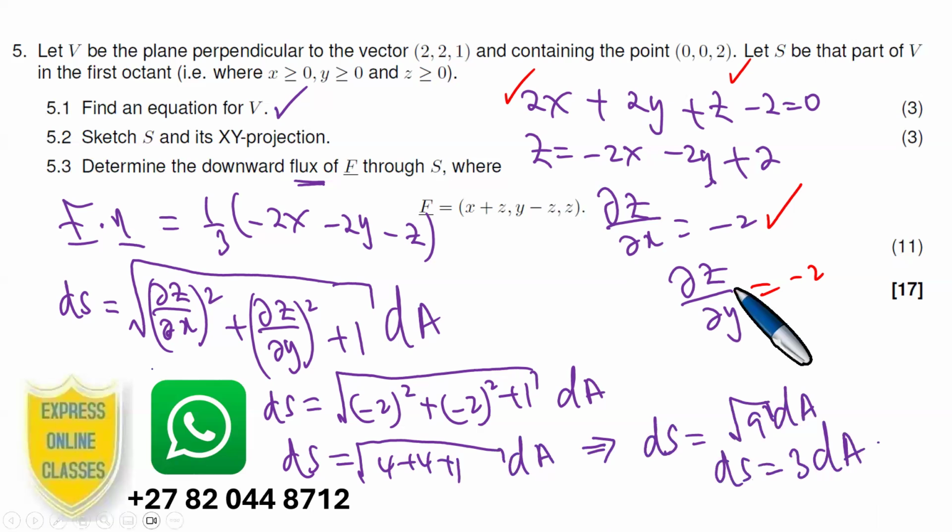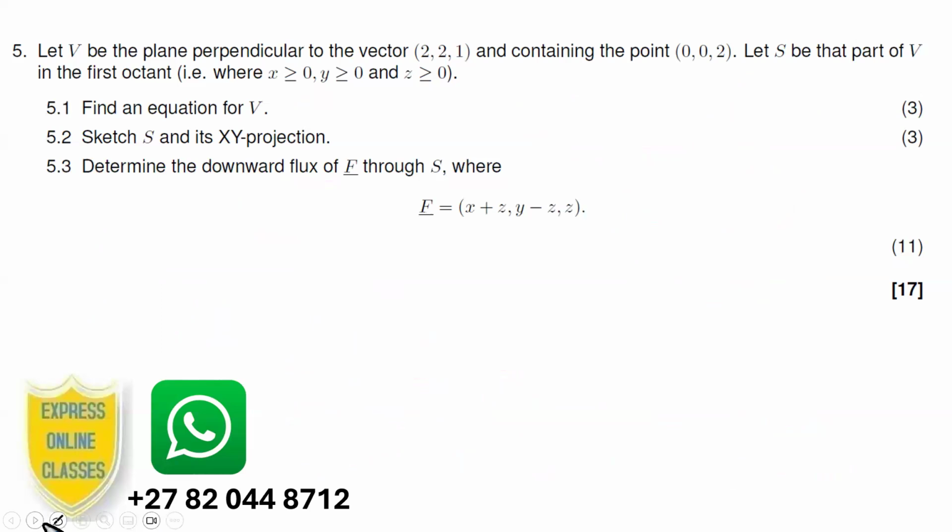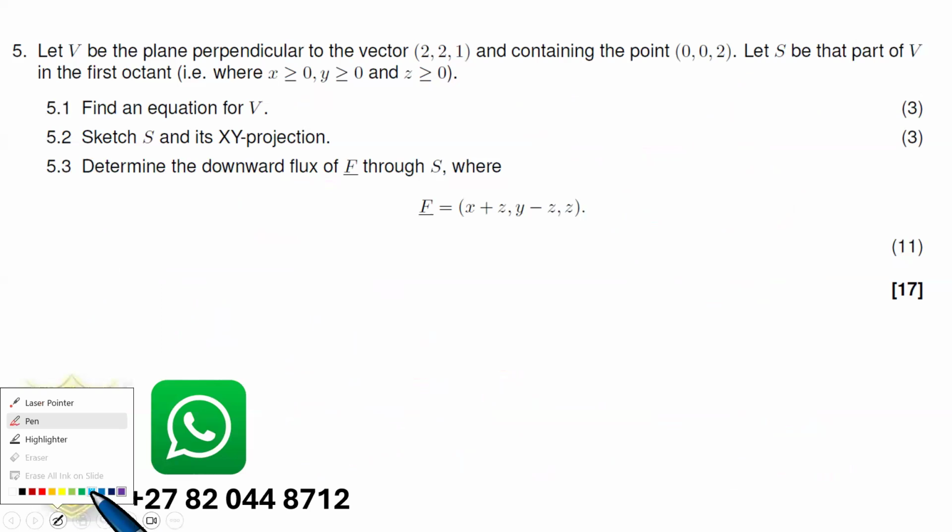But we're not done yet because we want to find the downward flux, and we proceed as follows. There's something we can do right now.